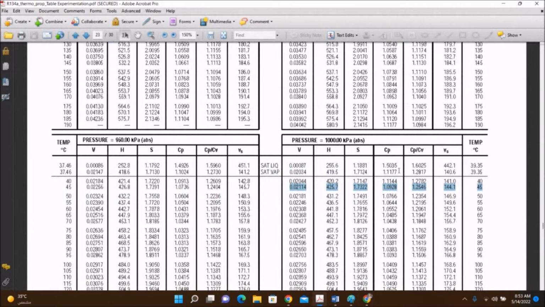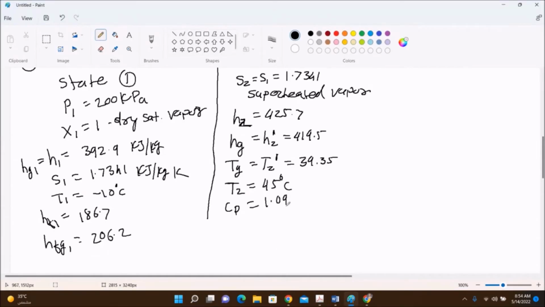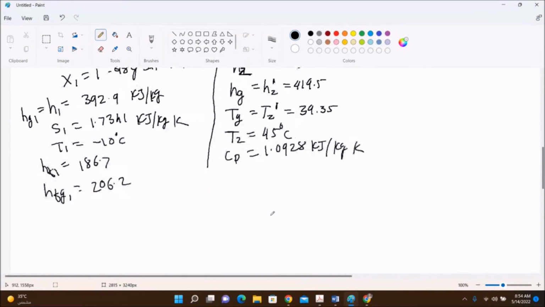So you can use 1.0928 kilojoules per kilogram Kelvin. So this is the specific heat I need. Now I can calculate H2 by this formula.